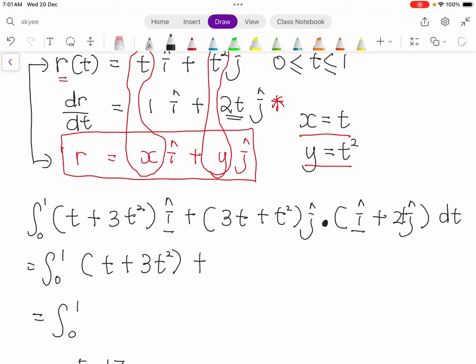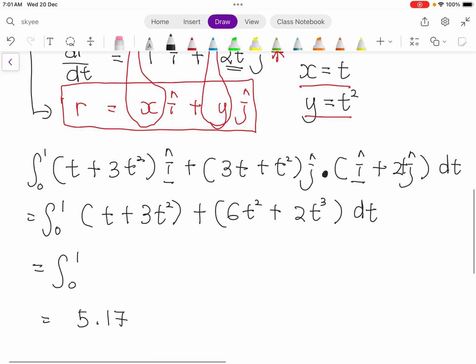So this would be 6t squared, and plus 2t cubed, and dt. I think this will be correct.